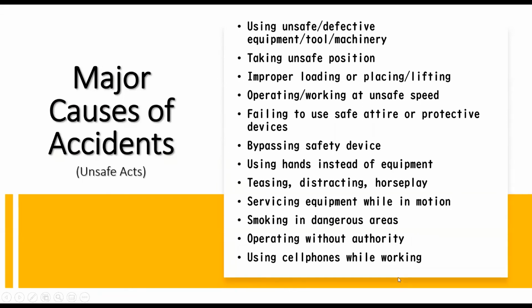In our laboratory, we strictly prohibit the use of cell phone kasi class in the real workplace, sa laboratory, sa totoong laboratory na talaga, as much as possible, iwas talaga ang paggamit ng cellphone because cellphone is a form of unsafe act. Pwede kasi maging distraction si cellphone in your work.